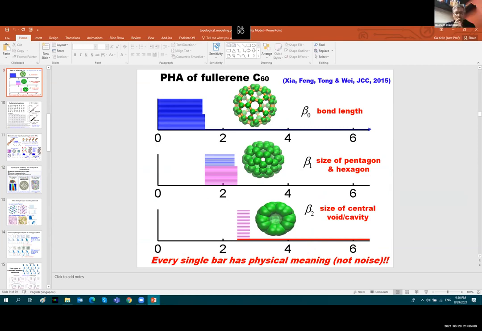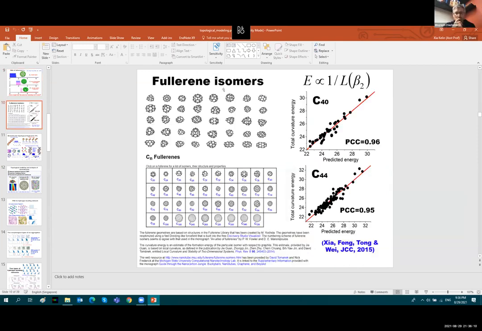The problem here is that we have what we call isomers. They have the exact same number of atoms, and they all form a sphere-like structure, but not exactly the same. For example, I think this is carbon-40. They are made of 40 carbon atoms, but the shapes are slightly different. Some are more regular or sphere-like.